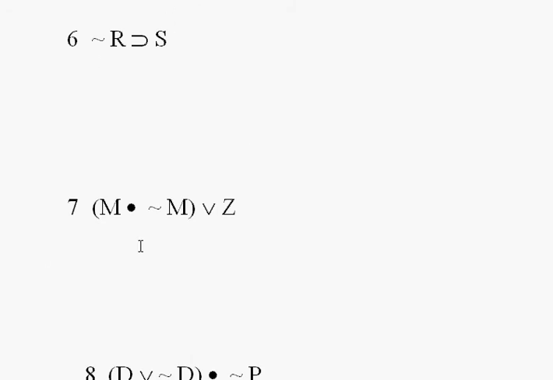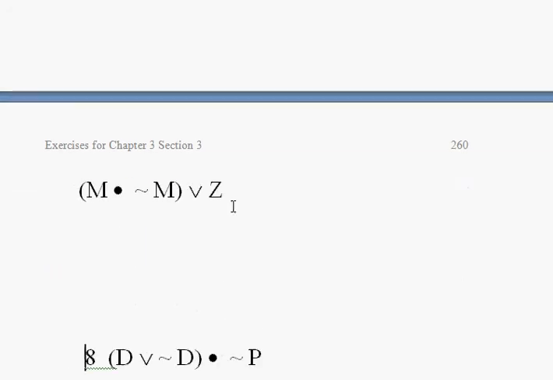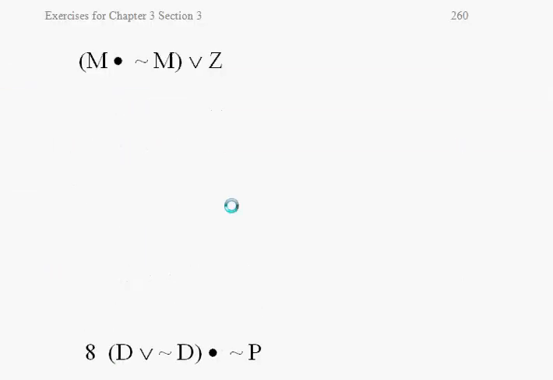So let's say, like here, we have M and Z. So in this case, we have how many unique variables? I'm going to take out that number because I'm not sure the numbers actually are correct at this point. I kind of moved some stuff around. I think they're off. So we have M dot tilde M wedge Z. So we have 2 unique variables. So 2 times 2 is 4. So we're going to need 4 lines.